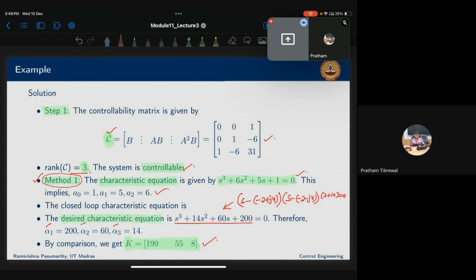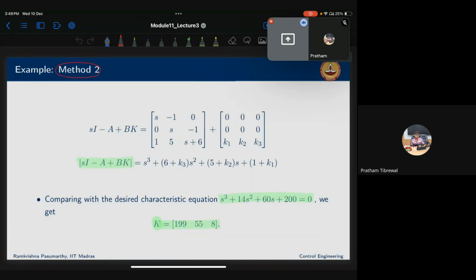This is method 1. Next, using method 2. What do we do in method 2? You have the A, B, K matrices, and you have these coefficients. This is the desired one, so you compare the coefficients.